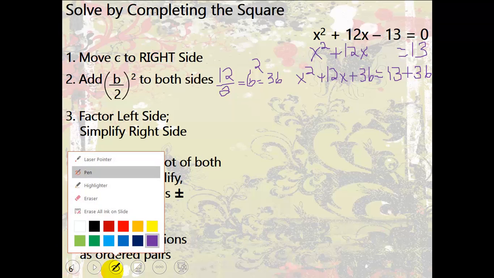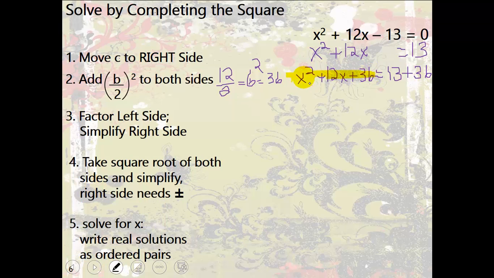The left side is now a perfect square trinomial that factors. We made it so it factors really easy. It's going to be x plus 6 squared, and then we're going to add these two numbers together and we get 49. Now we're going to use our square root property, and we're going to take the square root of both sides.